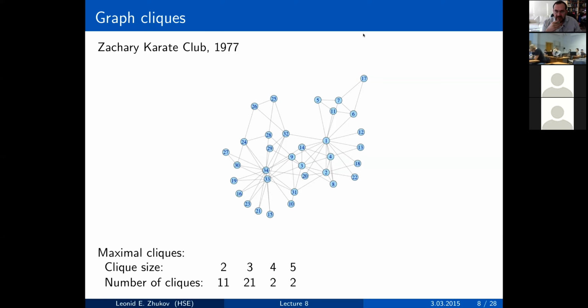And the very interesting question would be: based on this graph of the social interaction between members of the karate club, would you be able to predict how and where the split occurs? If we could do that, that would be a result of community detection, because, well, what are communities?